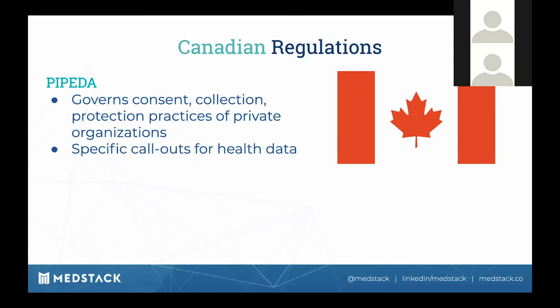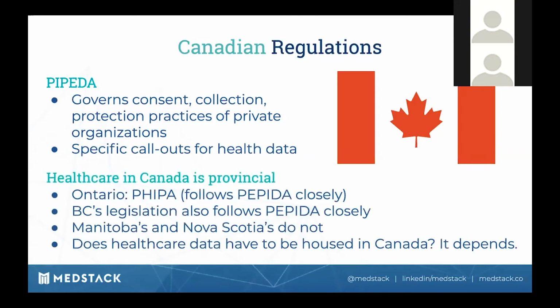And then healthcare is managed provincially. So each province has a set of laws around how healthcare is delivered, how it's budgeted, how it's managed, how it's organized. Whereas Health Canada is more responsible, like the FDA, for things like what's safe and what's legal to use. And so each province has their own set of regulations.